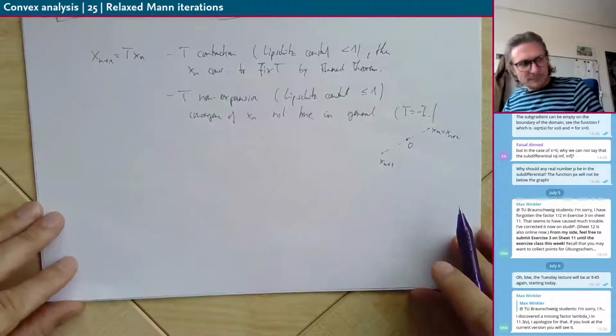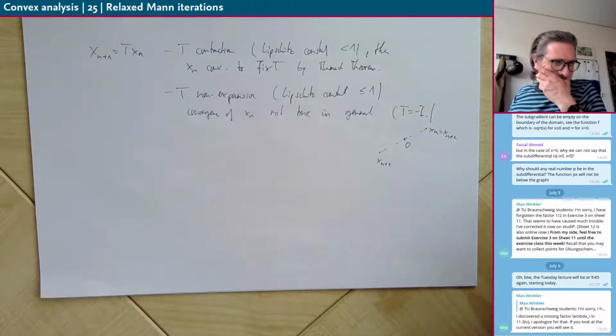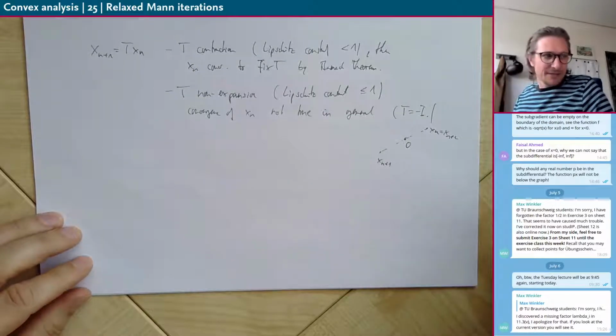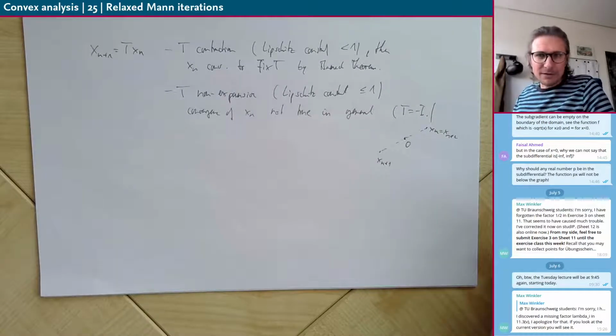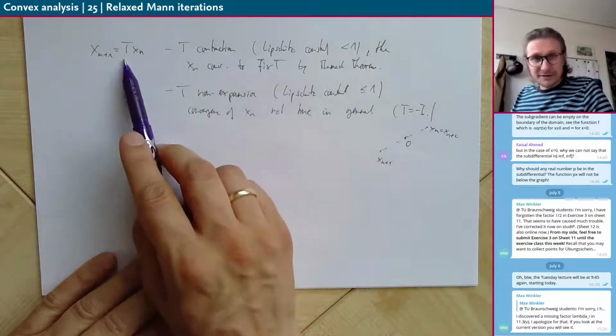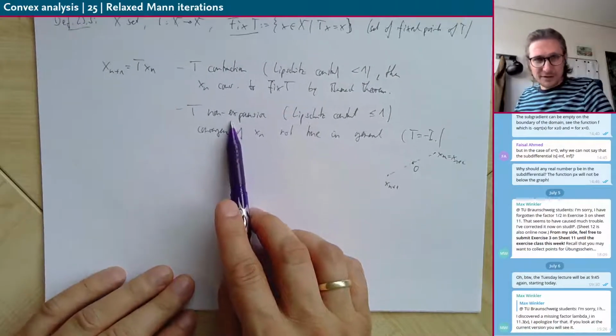Okay, good. So now we come to the theorem which states that under just one simple additional condition, which we will be able to show afterwards for a practical case, this iteration is still converging even if T is non-expansive.